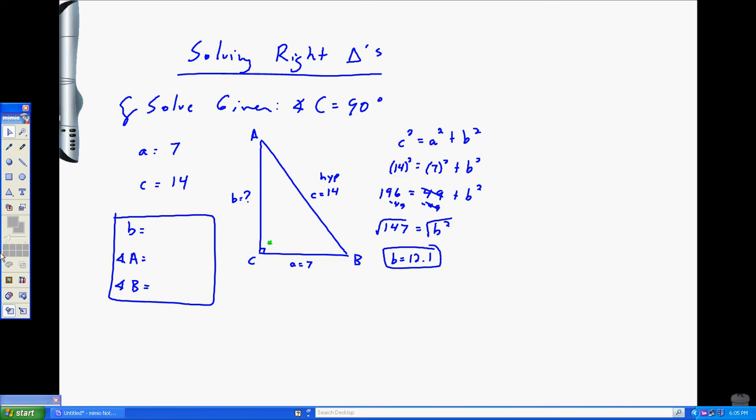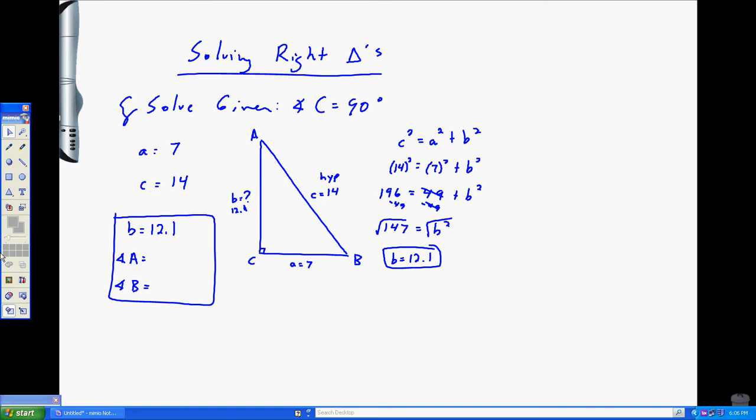So I'm going to put that on my picture, 12.1, as well in my solution square. Okay? So 12.1, all over the place here. Now, like I said, we started with Pythagoras' theorem. Now we have to go to a trig ratio. We have to, in order to go any further. Well, we have to do a trig ratio to find one of the two angles.